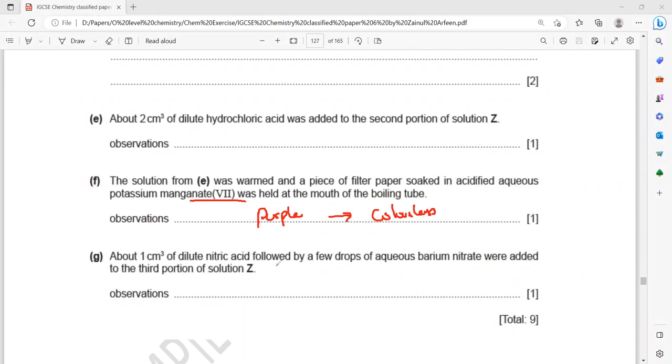And about 1 cm cube of nitric acid followed by a few drops of barium nitrate. Barium nitrate, white precipitate, or no change? For G, remember one thing: sulfate and sulfite both have the tendency to give a white PPT with barium nitrate.